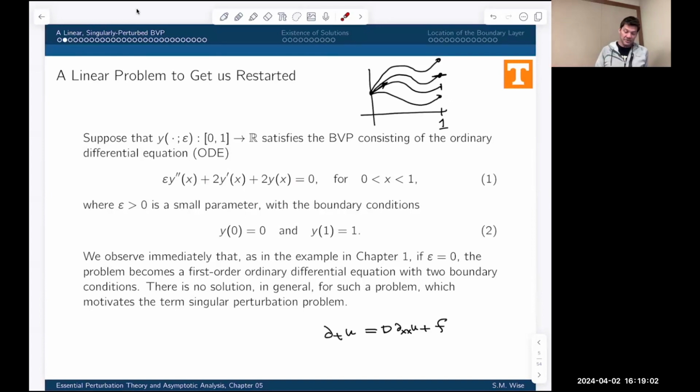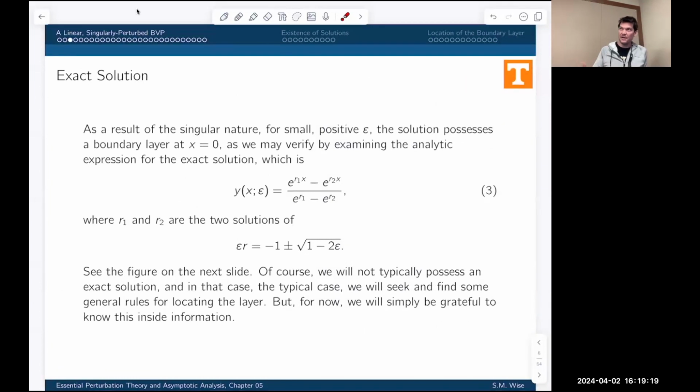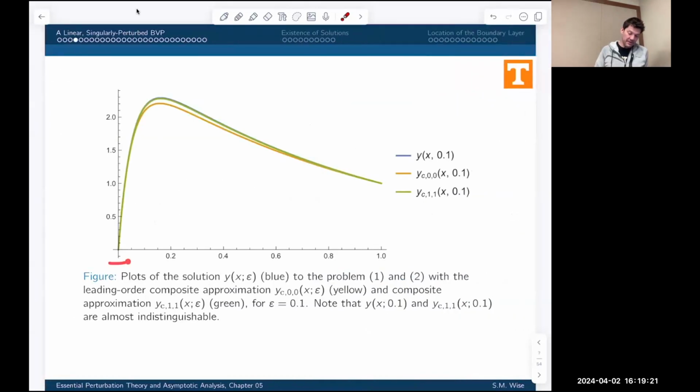If it's some function which has a simple 0 in the middle of the domain, then we're going to have a boundary layer in the interior. So basically, all of our analysis is going to come down, at least for the linear case, to what this guy looks like. Here, it's a positive function. It's just the constant 2. So the boundary layer ends up forming at the left-hand side.